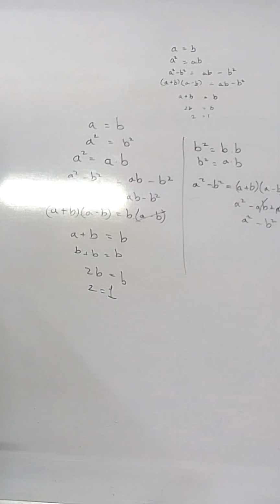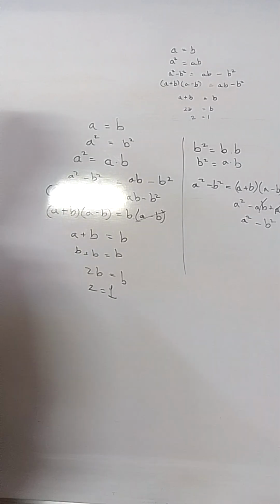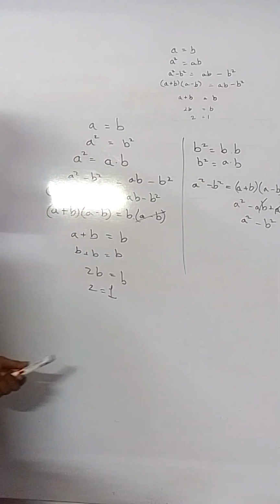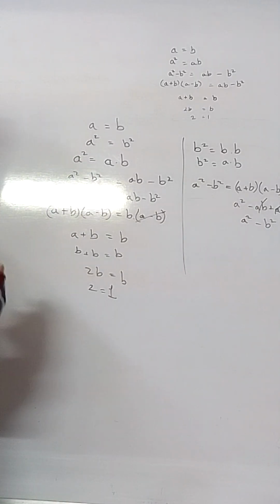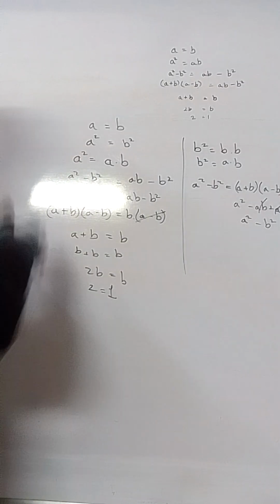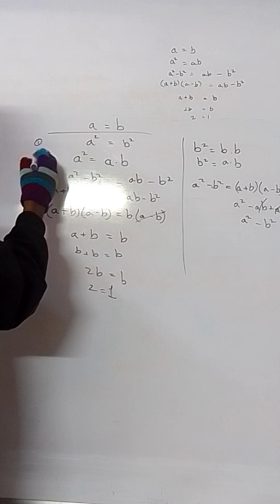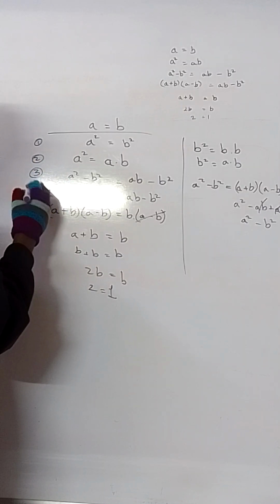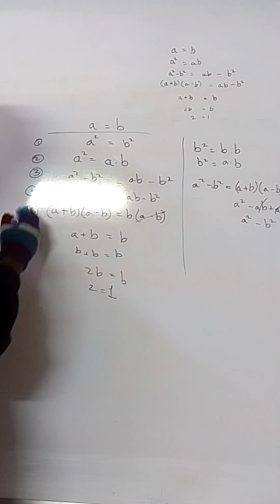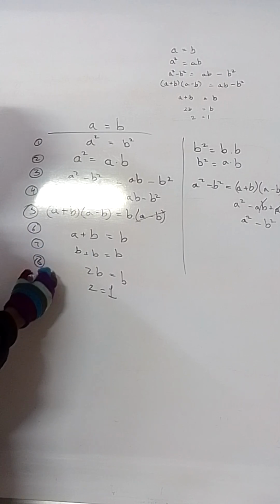Now, where is this proof wrong? Where does it go wrong? Because exactly, 2 is not equal to 1. We know that. What's the wrong concept in it? So these are the steps. Which step is wrong in here? Step 1, step 2, step 3, step 4, 5, 6, 7, 8, 9.